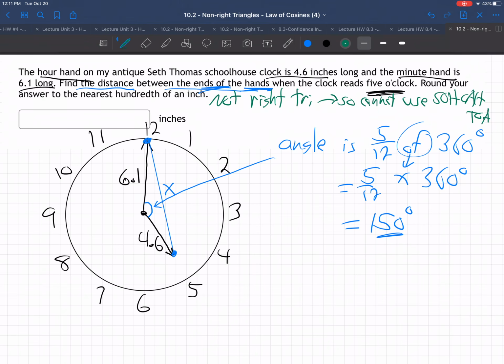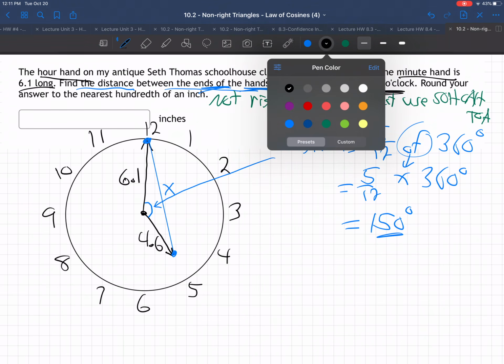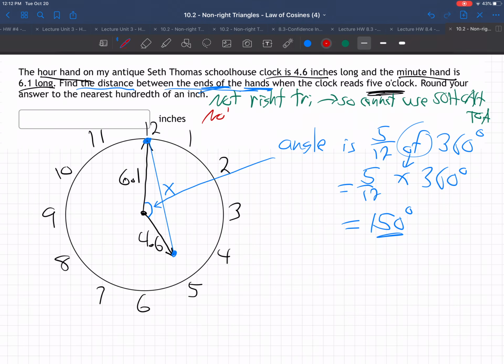Also, we do not have an angle and opposite side pair, so we cannot use law of sines. We're going to have to use law of cosines, right?